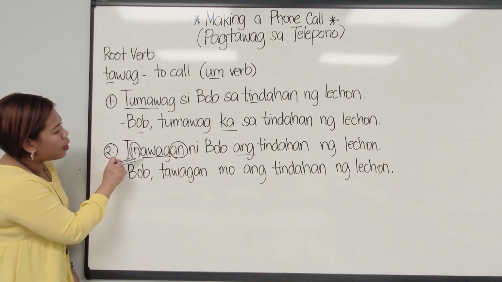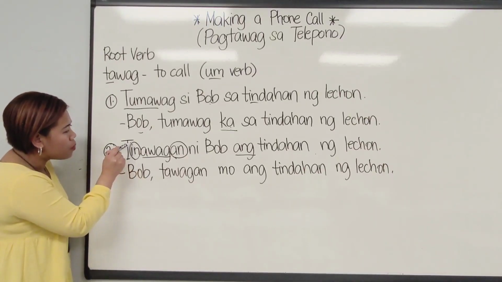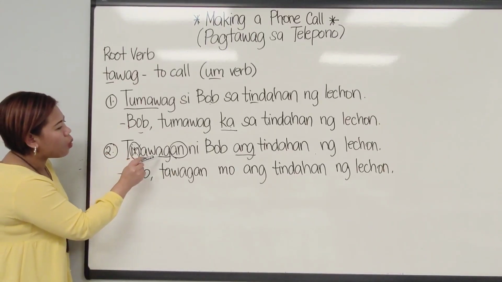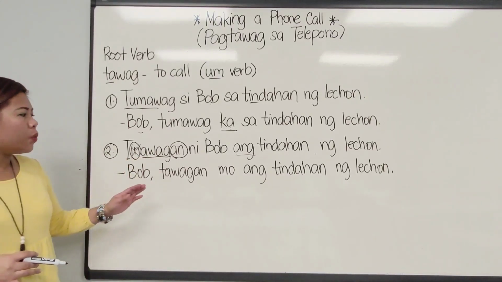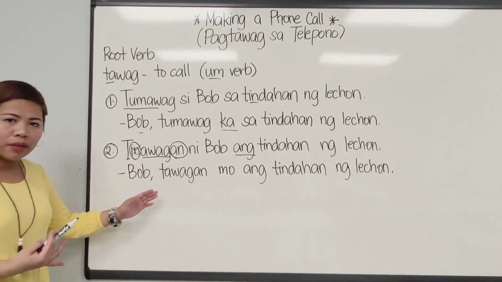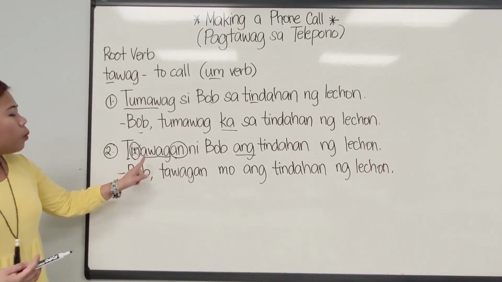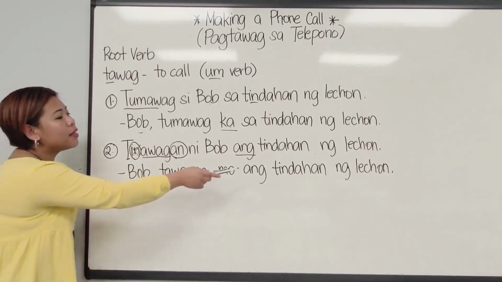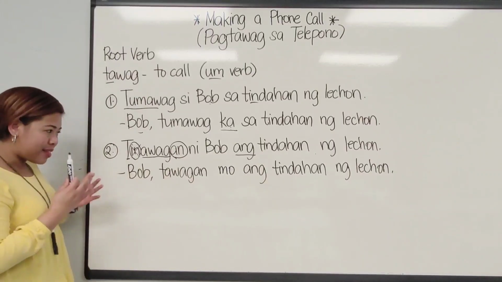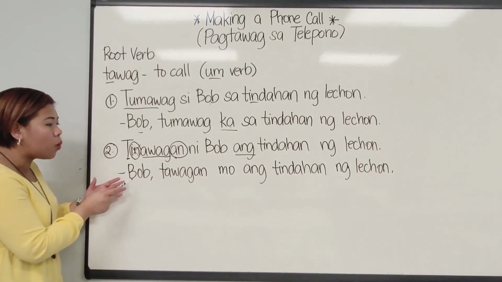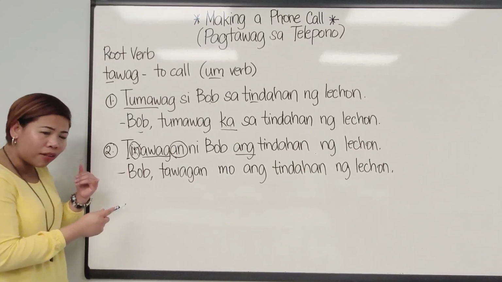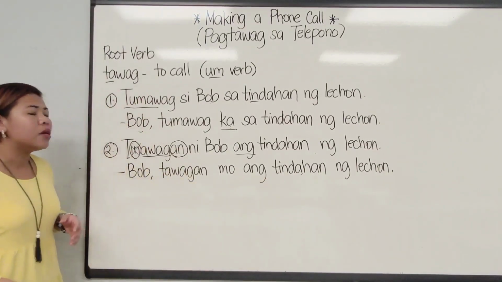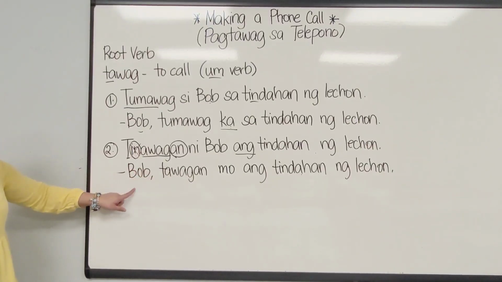Now, tinawagan, we remove the in, and then we just put the tawagan. So this is how you convert it into imperative form. Tinawagan will become tawagan. So someone again is asking Bob to call the lechon store, but still in this sentence, Bob, though he's the one doing the calling, the focus of the sentence is the lechon store. So the verb will change again.